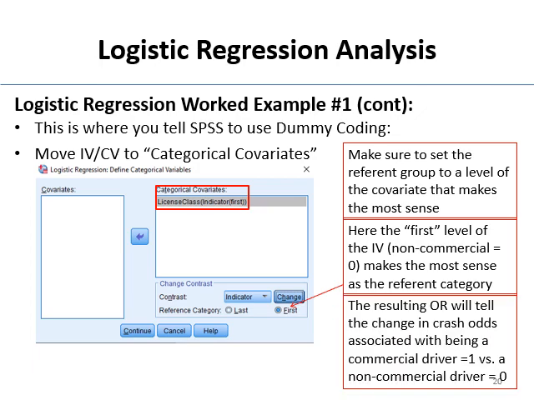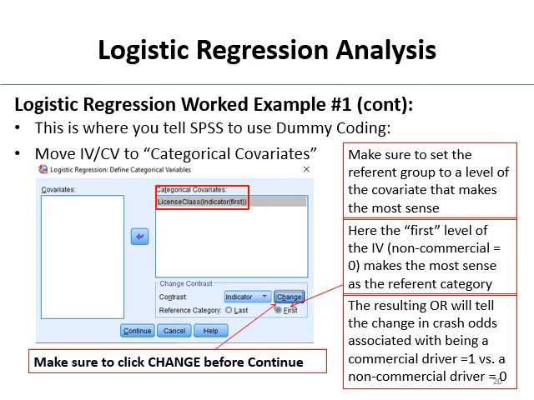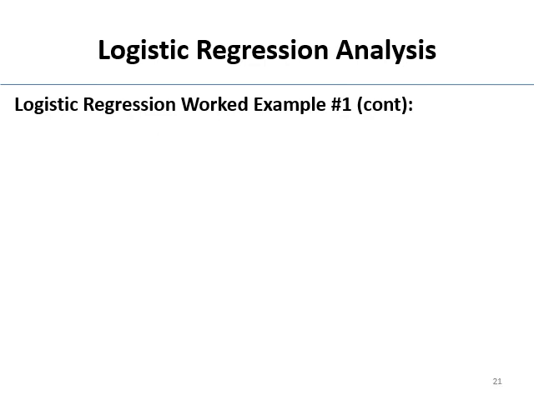So the resulting odds ratio we get from this will tell us the change in crash odds associated with being a commercial driver, that's a 1, versus a non-commercial driver, a 0. That is the first value, numerically 0. So they're going to be the referent, and that's the rest of us, non-commercial drivers with our normal licenses. So make sure to click change.